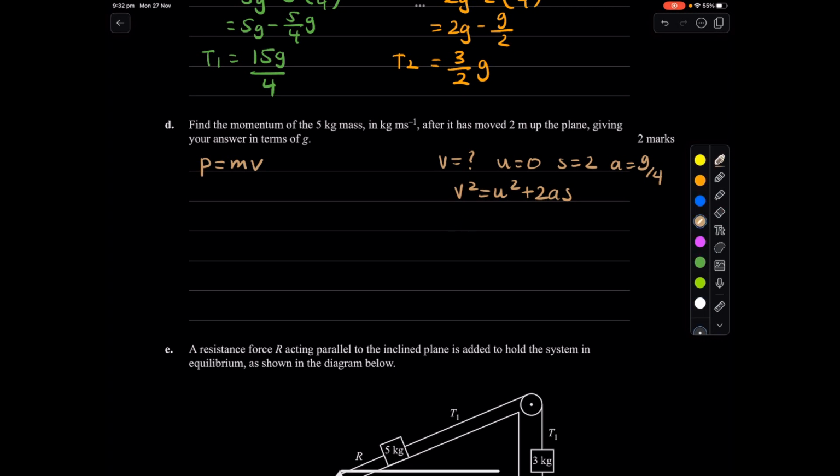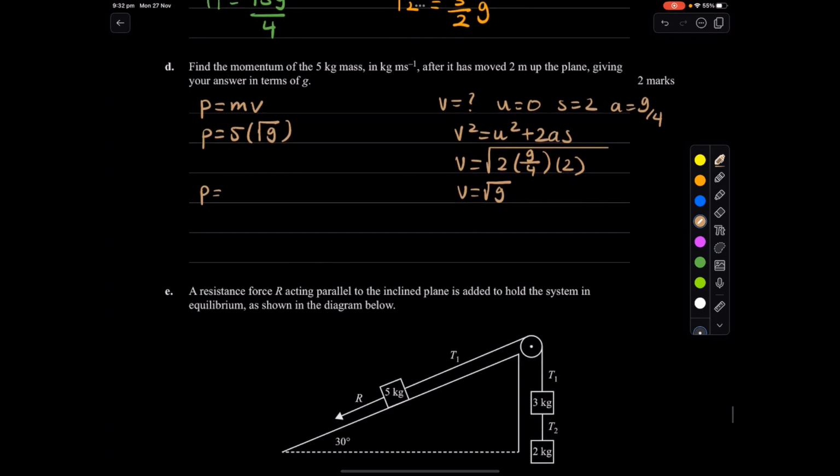So v is just the square root of 0 plus 2 times g over 4 times 2, which is the square root of g. So p is the mass, 5 kilograms, times square root of g. Hence, your momentum is 5 root g kilogram meters per second. That's that.